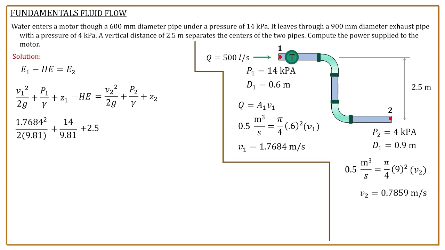For Z1, our datum is the ground, horizontal to point 2. That is 2.5 minus head extracted equals velocity head 0.7859 squared divided by 2 times 9.81, and then our pressure at point 2, that is 4 divided by 9.81 plus our elevation, since it is on the datum, that is 0 plus 0.